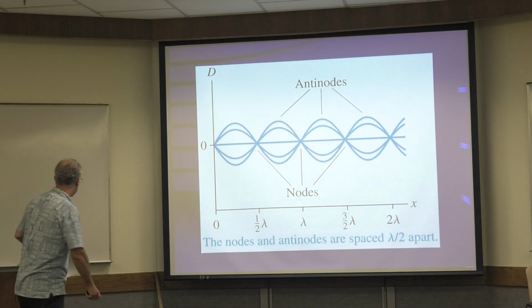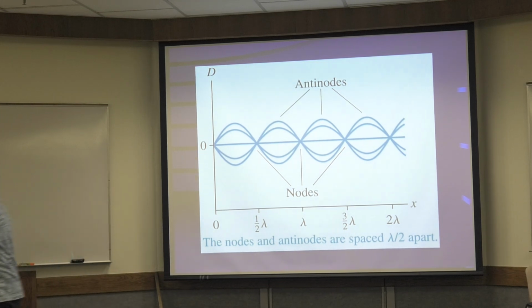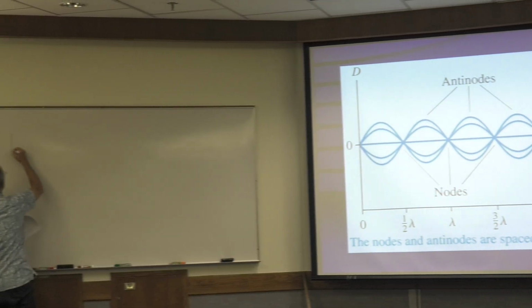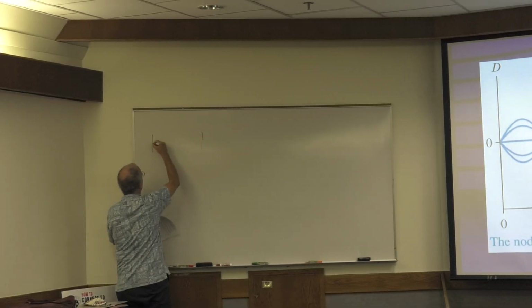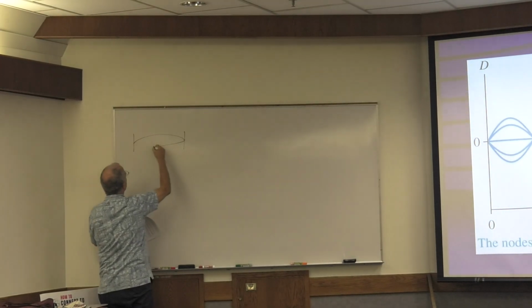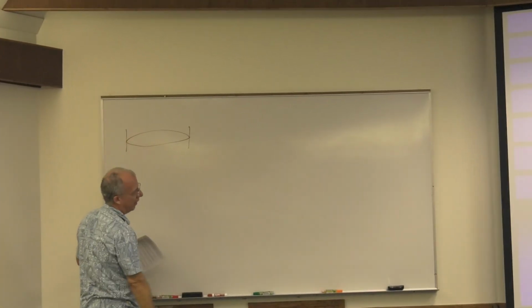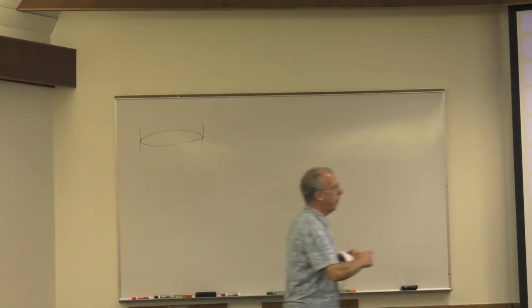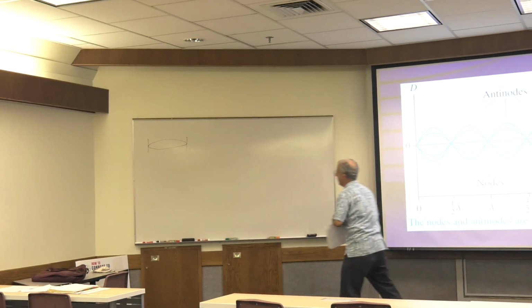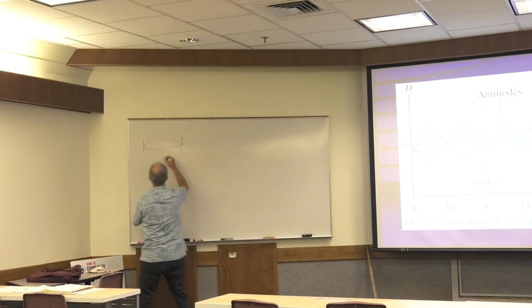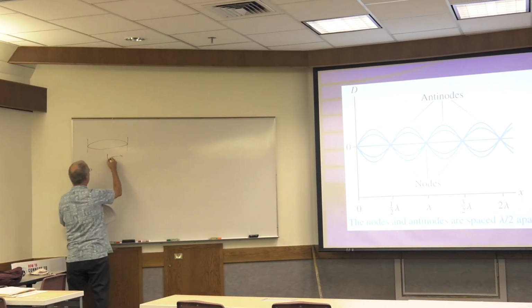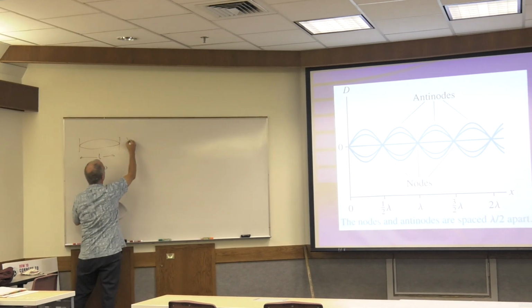Well, great. So the first one that was shown on the video was like this. How much of a wavelength is that? Well, that's just this part, agree? So this is half a wavelength. Let's say this is the length of the string. That's half a wavelength.